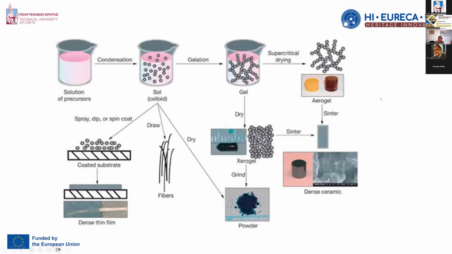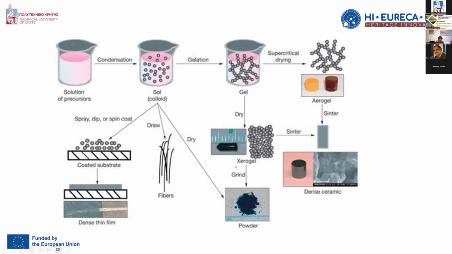But in order to explain in the best way the concept behind the design of those new impregnation treatments, I would like to show you some schematic images on the production of nanomaterials that are based on the so-called sol-gel process.